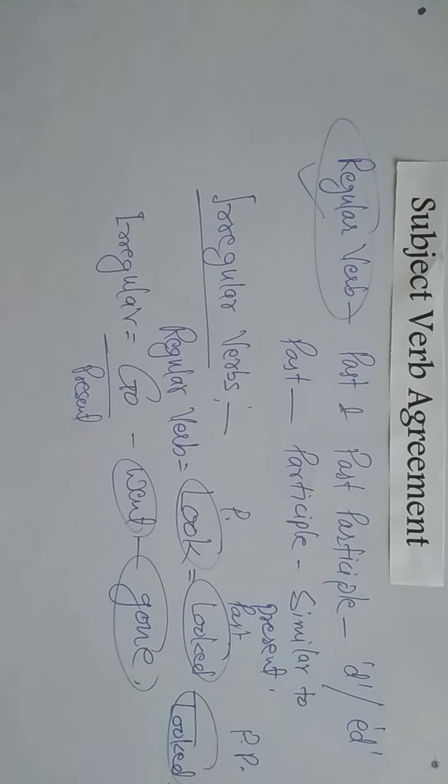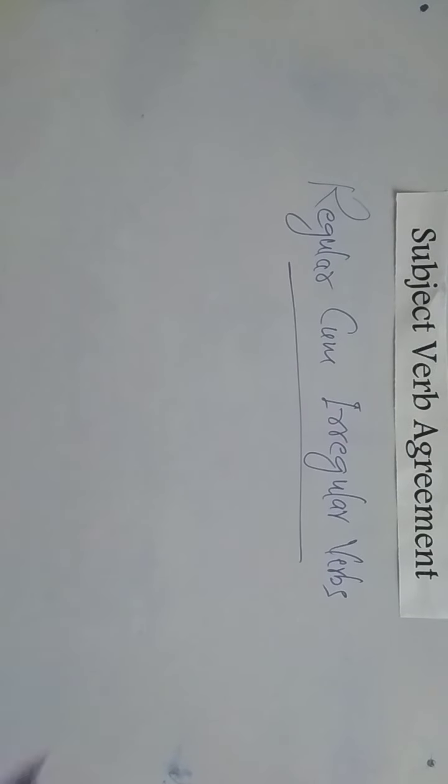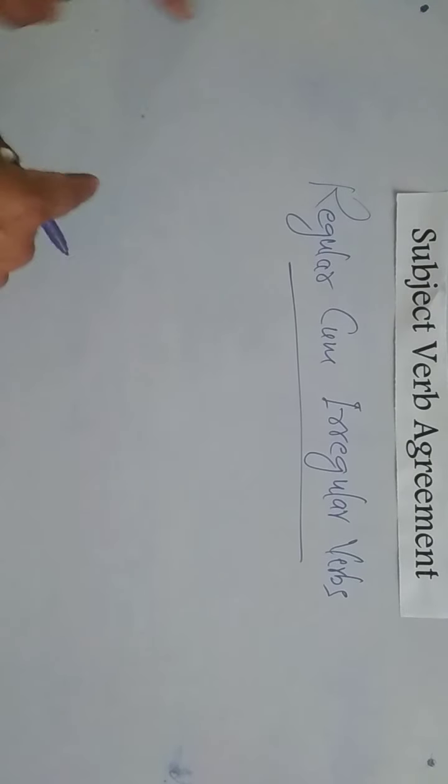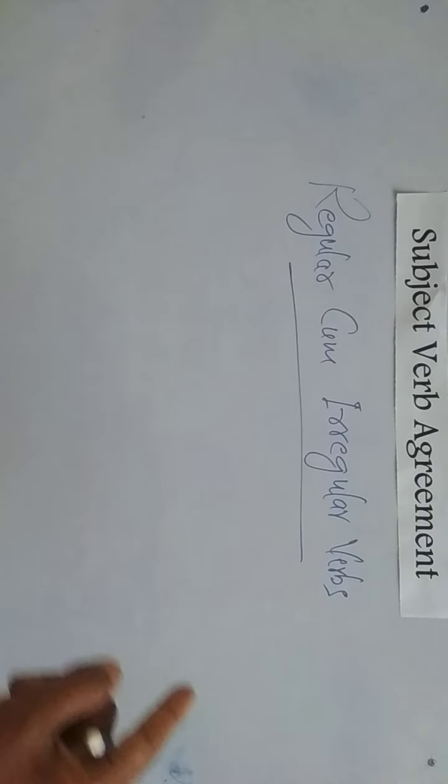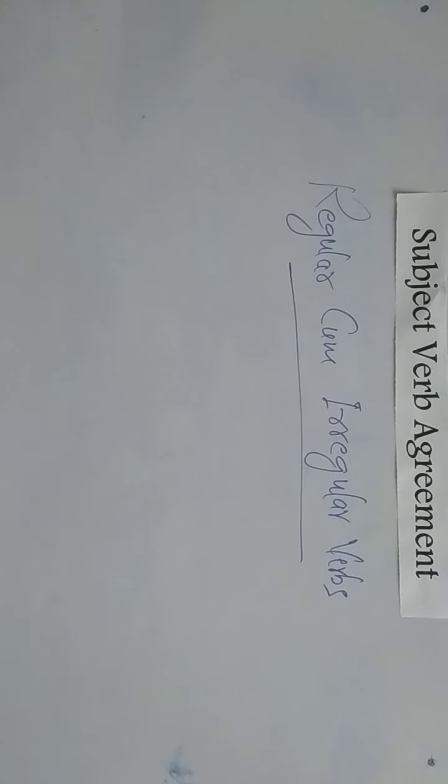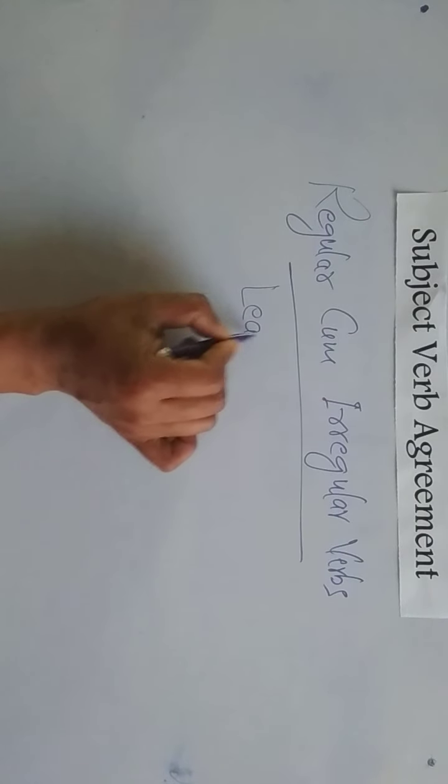So students, you must keep one point in your mind. There are a number of exceptional cases, a number of verbs which can be regular as well as irregular. So quickly, let's take an example. As we have already discussed regular verbs and irregular verbs, there may be cases when a few verbs can be regular as well as irregular. For example, we can take the verb learn, L-E-A-R-N.